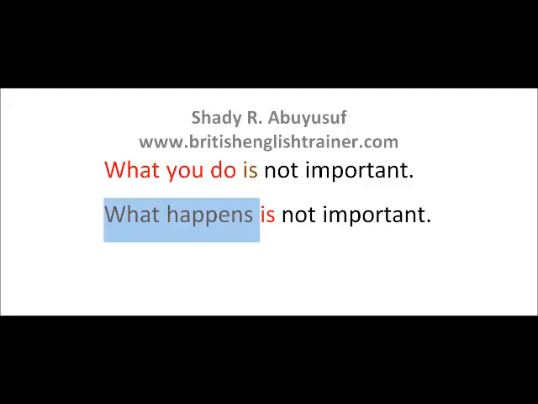The answer is what. What is a connector and a subject at the same time. This is the main difference, and this is what we are going to talk about in skill number 10: connectors that can be used as a subject at the same time.